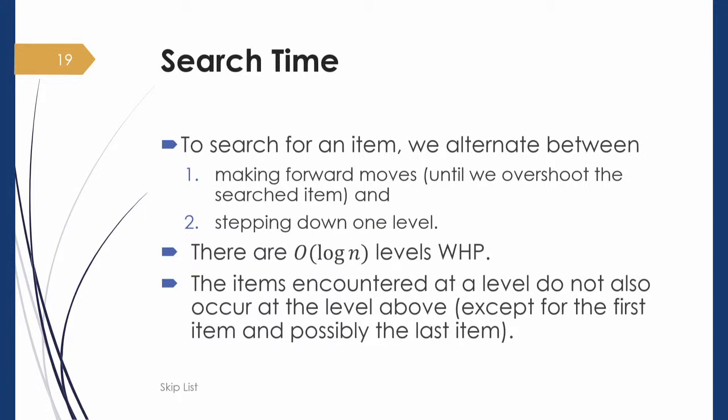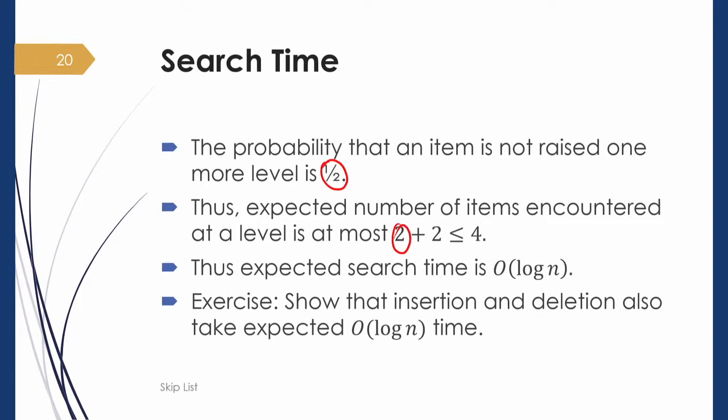Okay. So, that is crucial, because now let us look at the number of such items we will encounter in each level. So, now let us focus on one level, and let us look at each item in that level.